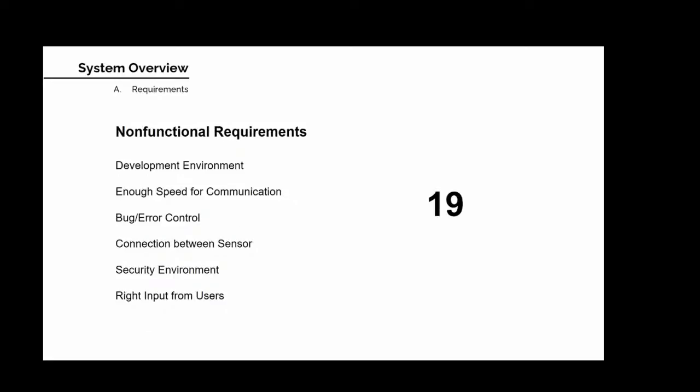And finally, we got 18 functional requirements from these. And next one is non-functional requirements, and we got this from 6 categories: development environment, internet speed for communication, bug and error control, connection between sensor, security environment, right input from users. And we finally got 19 non-functional requirements from these.